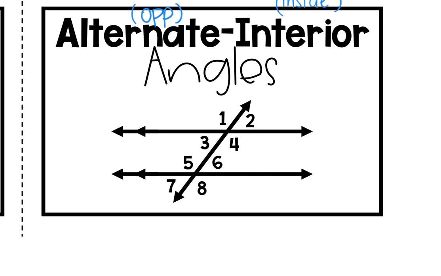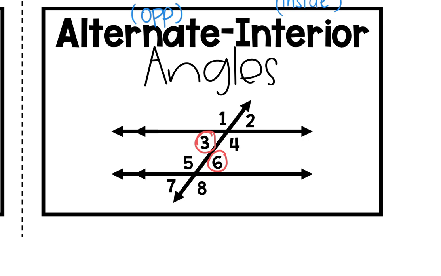Okay, but we need opposite angles for this transversal. So what if one of my angles is 3? Then the one that's opposite on the other side of the transversal is 6. Okay, so they have to be inside but opposite of the transversal. Okay, so 3 and 6 are my alternate interior angles.